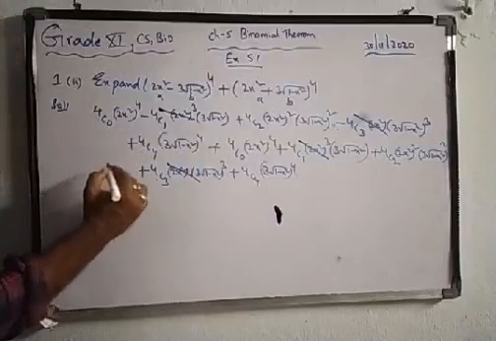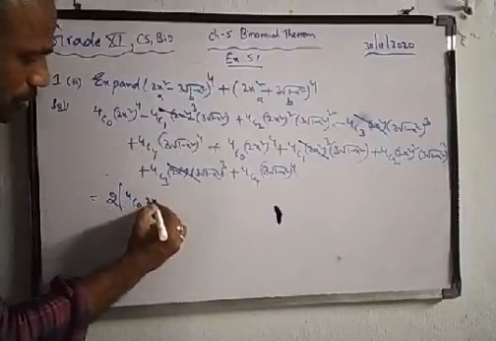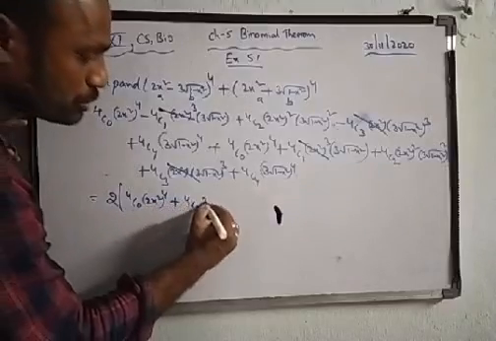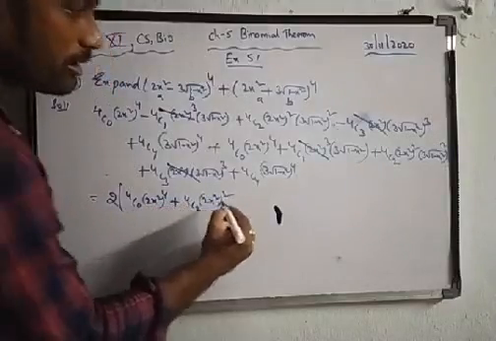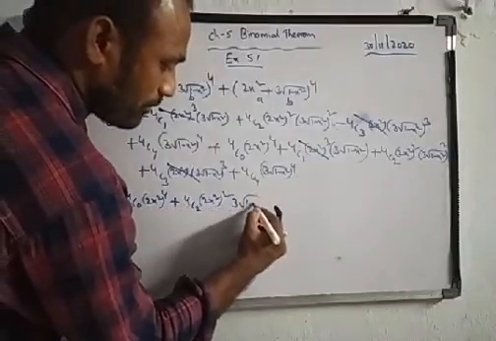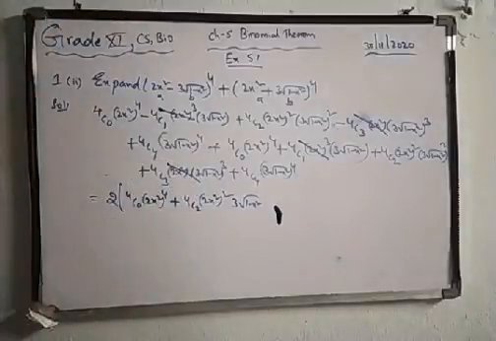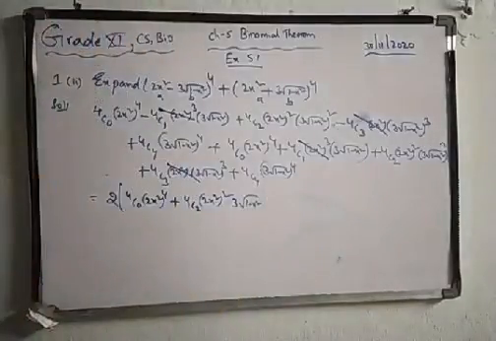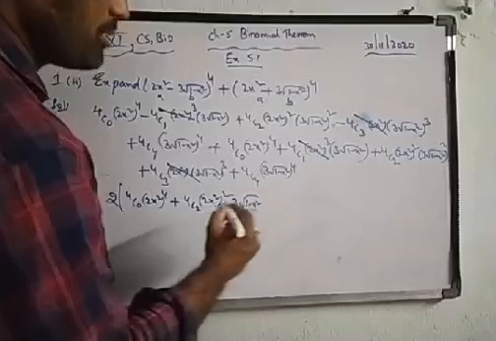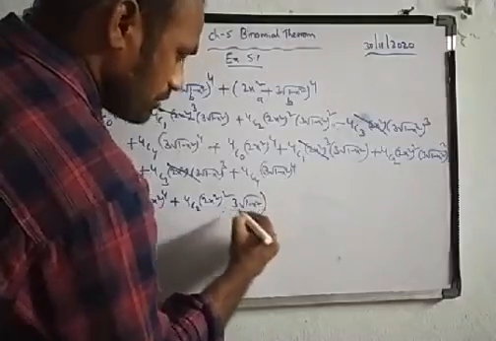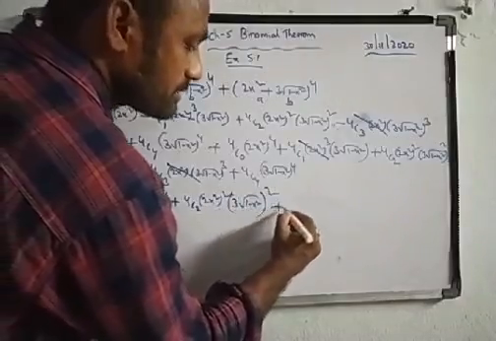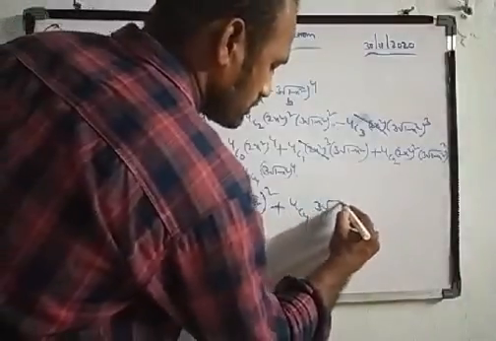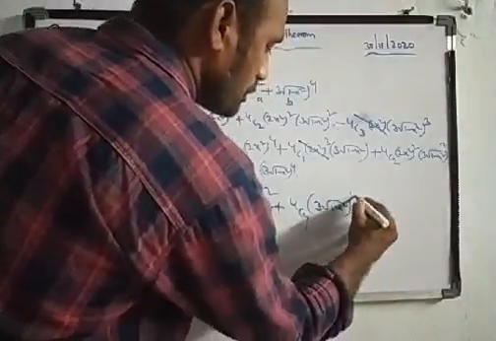So I can take 2 times 4C0 (2x square) whole to the power of 4 plus 4C2 (2x square) whole square into (third root of 1 minus x square) whole square plus 4C4 (3 into 1 minus x square) whole to the power of 4.